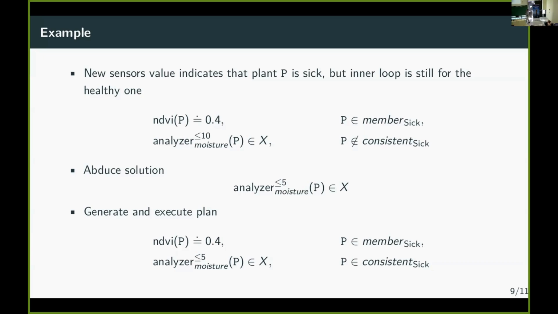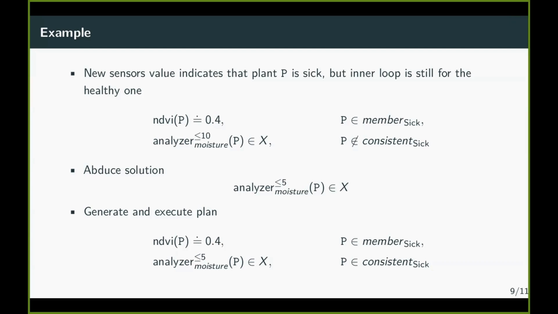We give this to a logical solver, and it will tell you, well, if you add this fact here, then P would be in consistency. That's great. And then we just add this to our components. This corresponds exactly to adding a new analyzer component. If I'm a little bit more clever, I can also find out that I can remove the old one, and then I execute the plan instead of adding a new service or a new form.